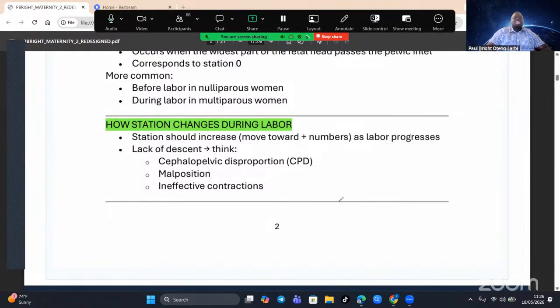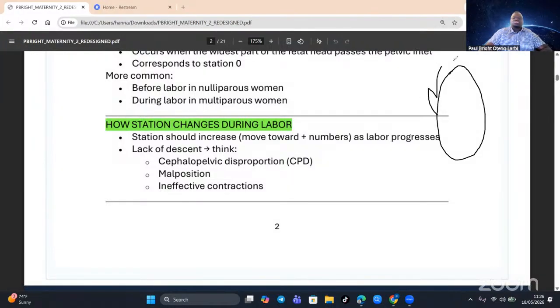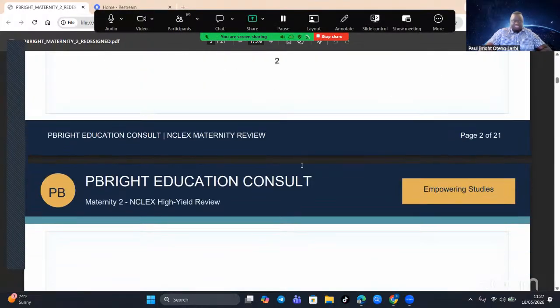Then ineffective contraction of the uterine muscles. Remember, if the uterine muscle doesn't have strength, trouble has come. What will push the baby down? So you should do your assessment. The uterus is tired.